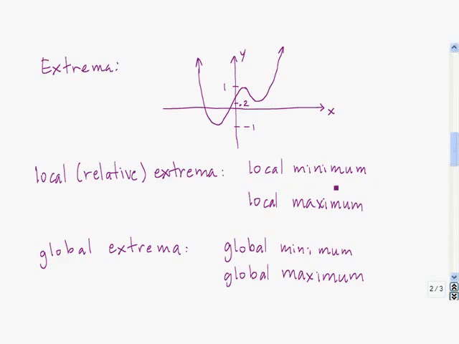Let's start with the local minimum. A local minimum is a point on the graph where all neighboring y values are higher. So this guy right here, if you look at all the neighboring y values, you see that this y value here is the smallest.